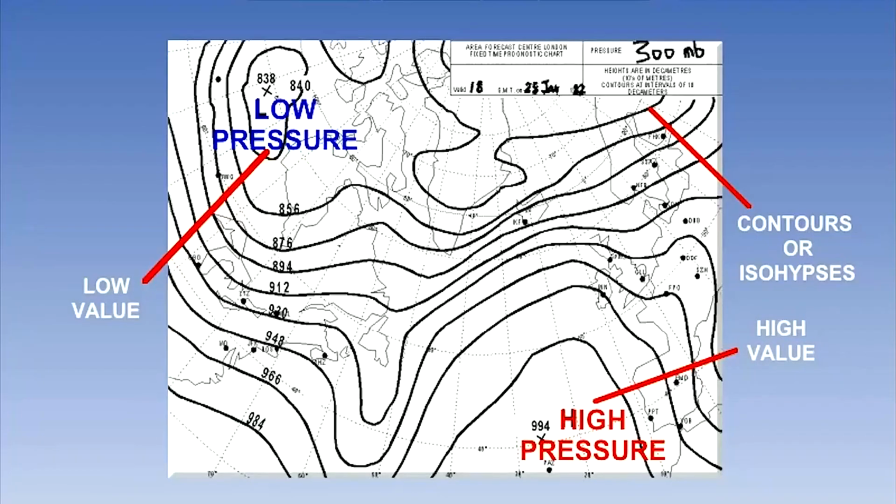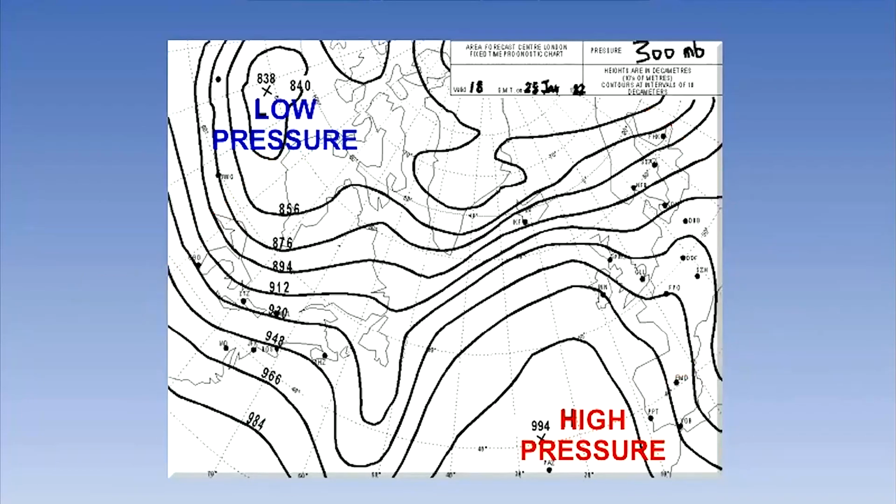This means that wherever we find low value contours, we know this will be due to cold air, and we'll therefore expect a low pressure in the upper atmosphere. Alternatively, wherever we find high value contours, we'll know this will be due to warm air, and therefore we'll expect a high pressure in the upper atmosphere.